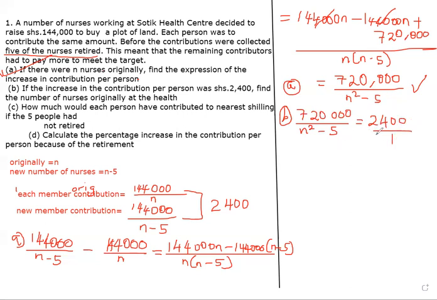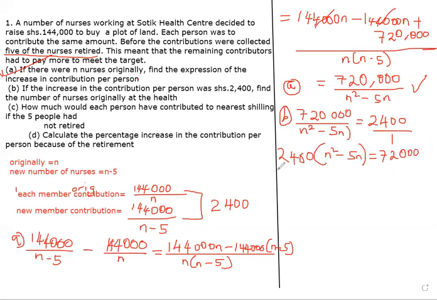From here, we can cross multiply. So we say 2,400 into n squared minus 5n, equals 720,000. We didn't multiply the 5n, we forgot that. Check that: that is n squared minus 5n.